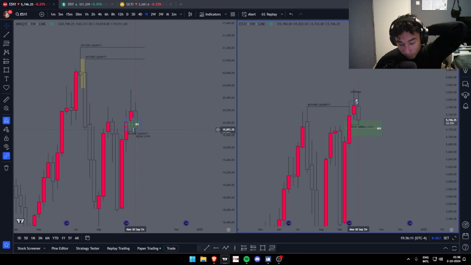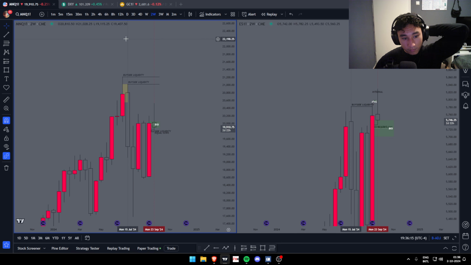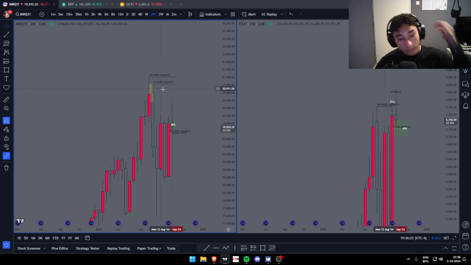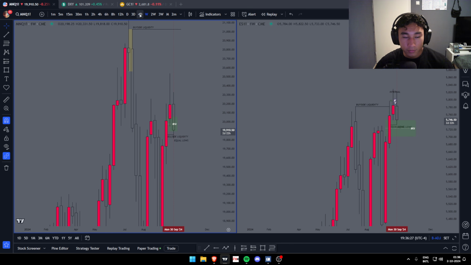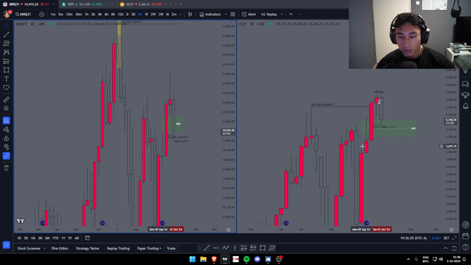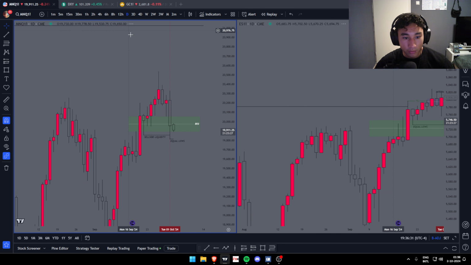If we close below on both, if we do close below on one, then I'll probably still look for shorts, because then we have an SMT, we have the turtle soup, we are holding this 2-week singular SIBI here as well. Then I'll probably look for shorts, but that's only if we close below end of this week. Rest of this week I'm still looking for longs.